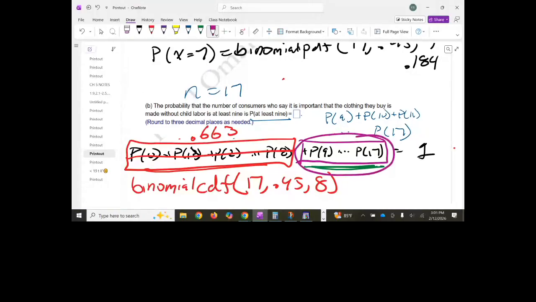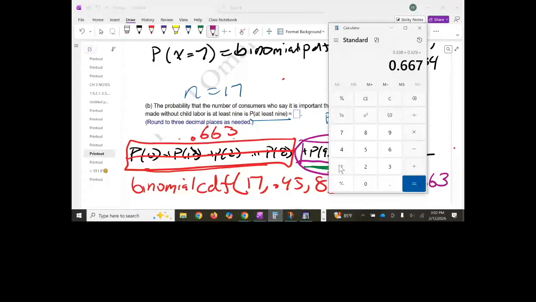If I want to find that number, the one in purple, couldn't we just take 1 minus 0.663? So we did 1 minus 0.663. I'm coming up with a point.